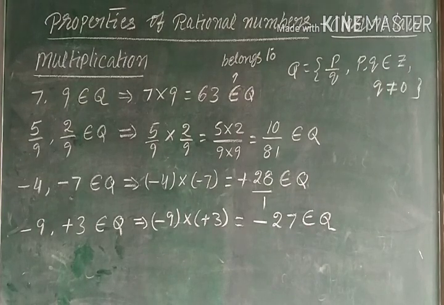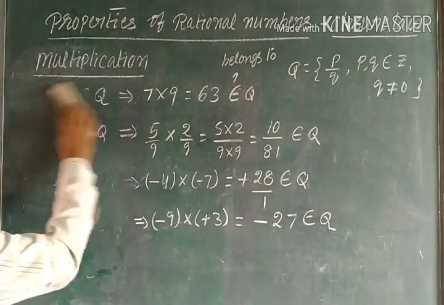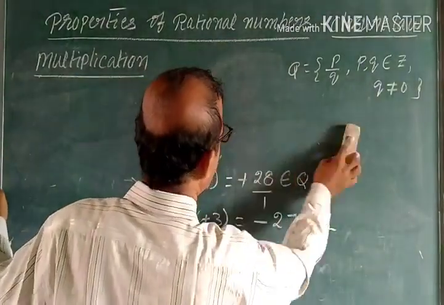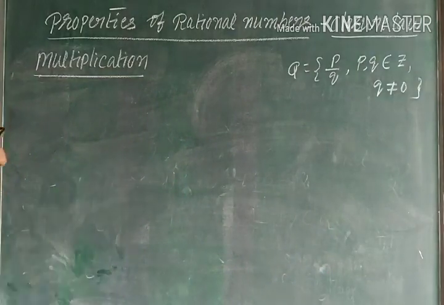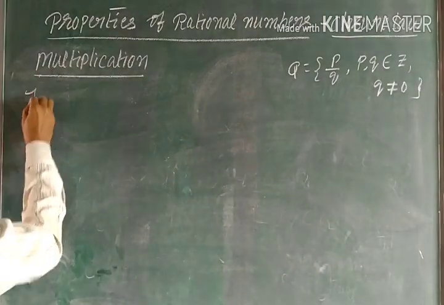So children, we concluded that the product of any two rational numbers is always a rational number.